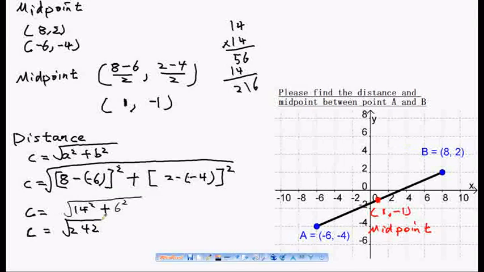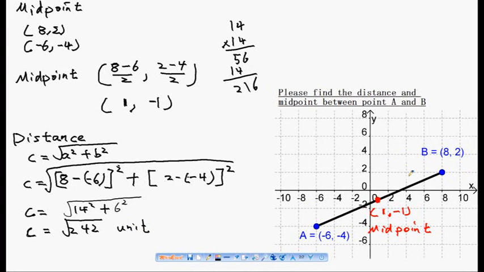Square root of 232. This should be your final answer, with units. This is the distance between point A and point B.